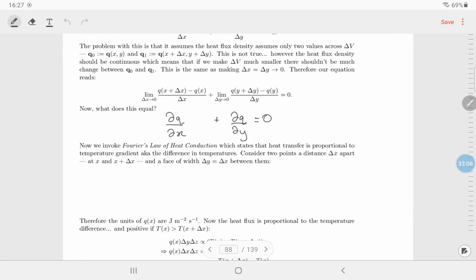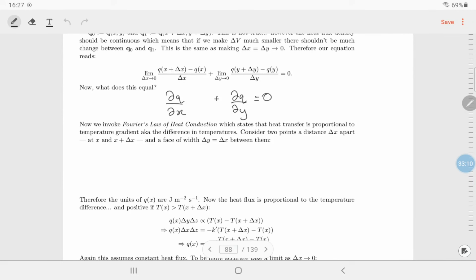Yeah, I won't really try though. Okay, so this is the equation for steady state for the plate, that the partial derivative of the heat flux density in the x plus the partial derivative of the heat flux density in the y is equal to 0.